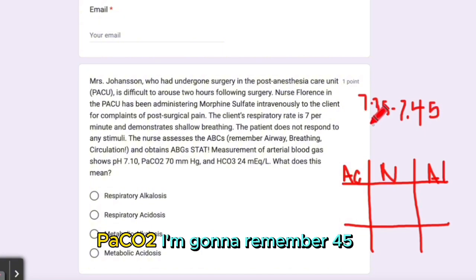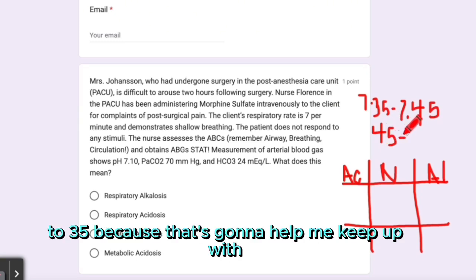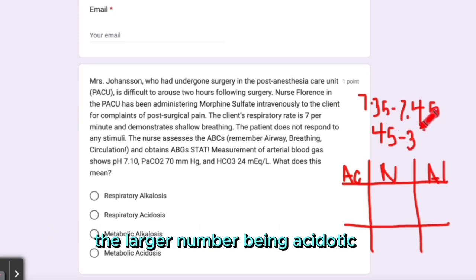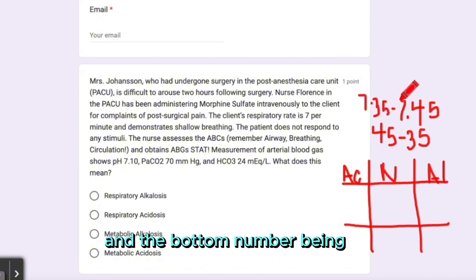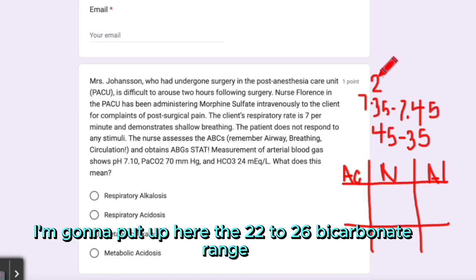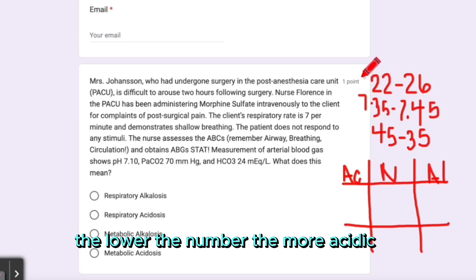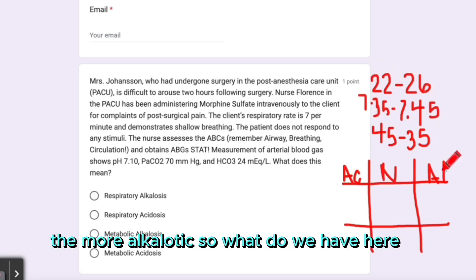For PaCO2, I'm going to remember 45 to 35, because that's going to help me keep up with the larger number being acidotic and the smaller number being alkalotic. And then finally, I'm going to put up here the 22 to 26 bicarb range. 2 plus 2 plus 2 equals 6. The lower the number, the more acidotic; the higher the bicarb, the more alkalotic.